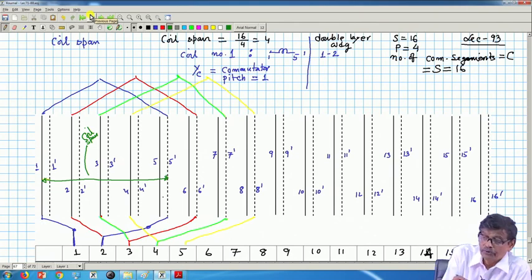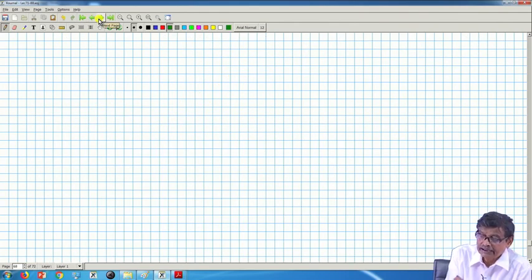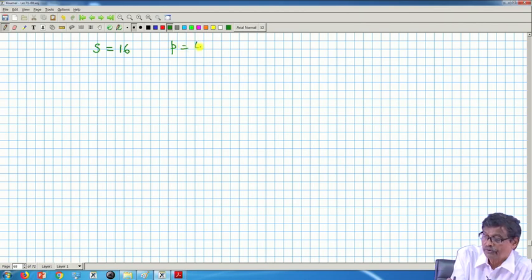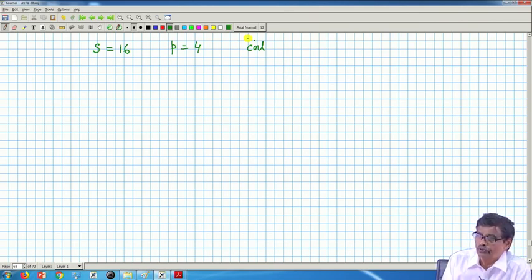So, let us go to the next idea, that I have taken S equal to 16, number of poles equal to 4. Coil span should be 1 pole pitch, to maximize the induced voltage in a coil.